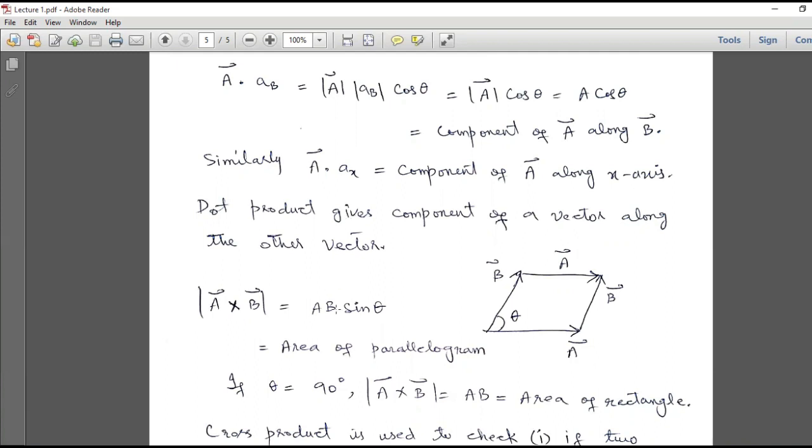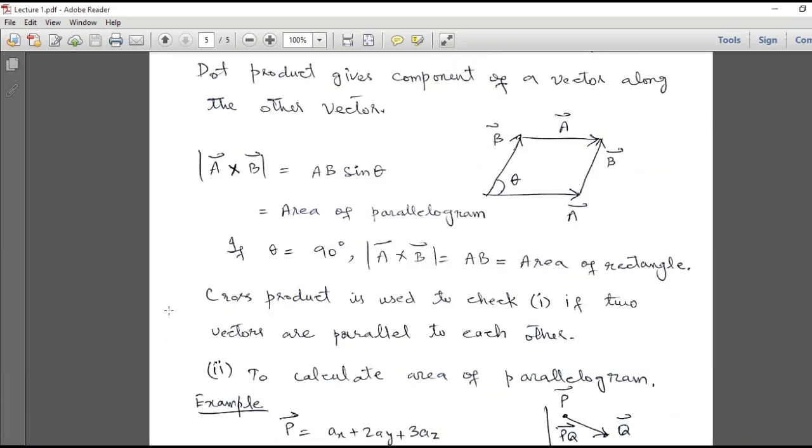Now we will check the benefits of the cross product. So here you can see we have two vectors, A and B. Now these two vectors actually constitute a parallelogram, and in the parallelogram, all opposite faces are parallel to each other, and there is some angle theta between two connected edges.